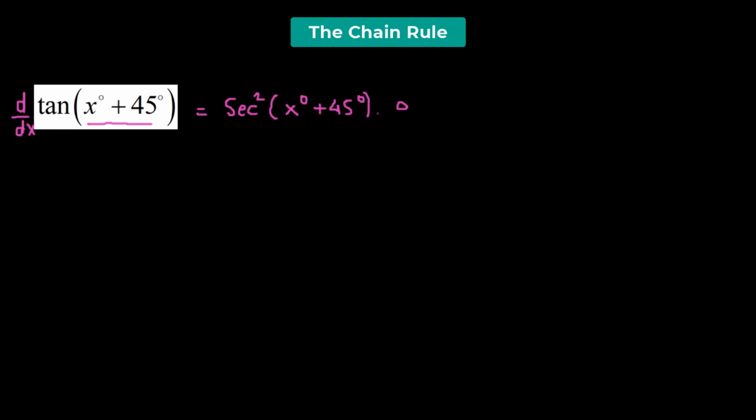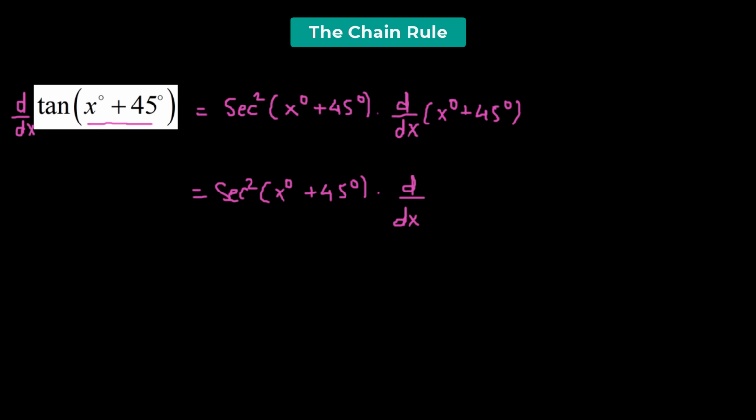So that means we need to multiply it by the derivative of our assumption, which is x degrees plus 45 degrees. So that gives us secant squared x degrees plus 45 degrees times the derivative of x degrees plus the derivative of 45, which is 0, 45 being a constant.